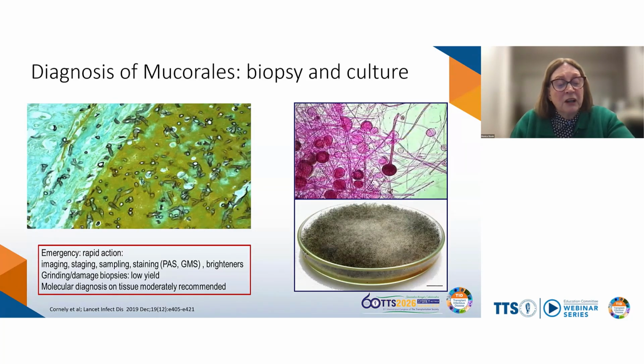And of course, that grinding or damage can lead to low yield of the cultures. They recommended in 2019 that molecular diagnosis on tissue was moderately recommended, but we'll see that things have changed since then, and I think molecular diagnosis has become a lot more common.